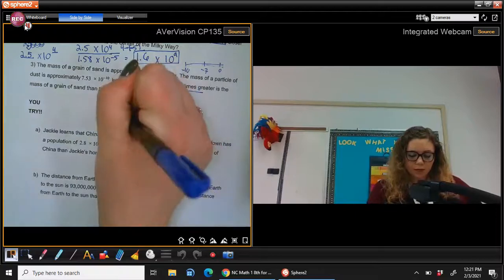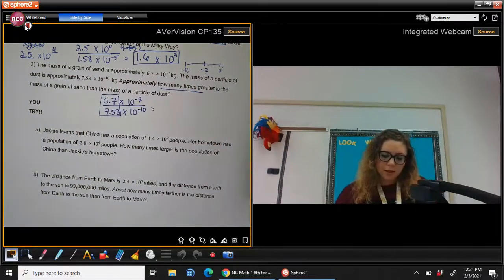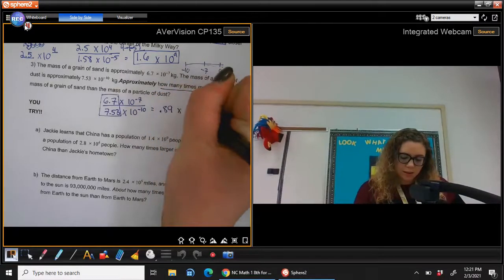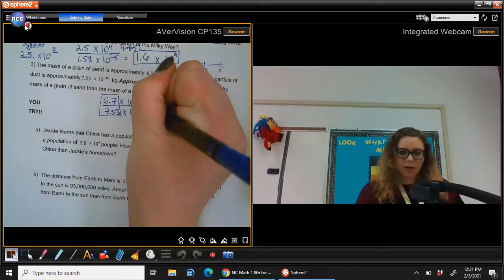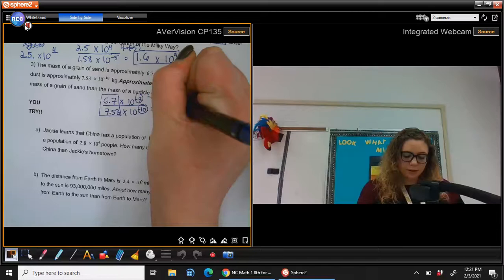I'm going to divide my coefficients, and that's going to give me 0.89 times 10.